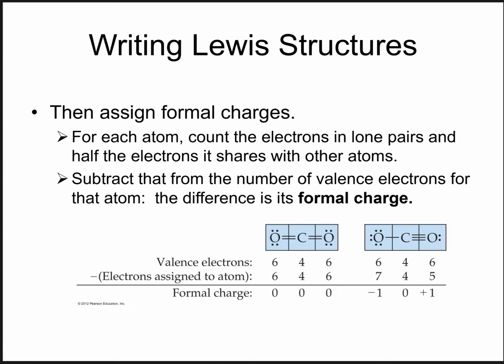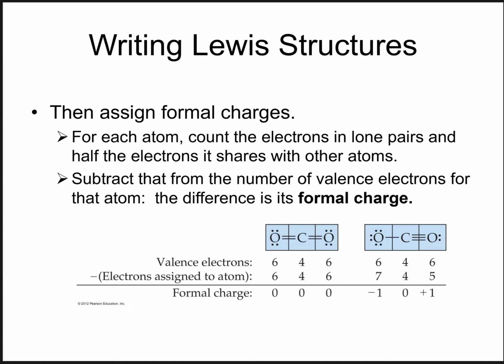The way we figure out the formal charge is by taking the number of valence electrons that an atom normally has. So in carbon dioxide, for example, here we've got carbon with 4 valence electrons. And you can see in both structures of CO2 that it's surrounded by 4 bonds.